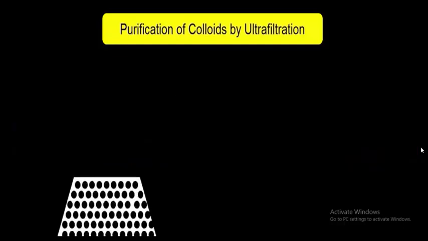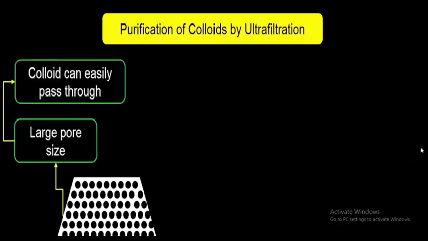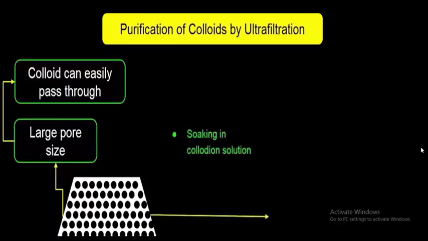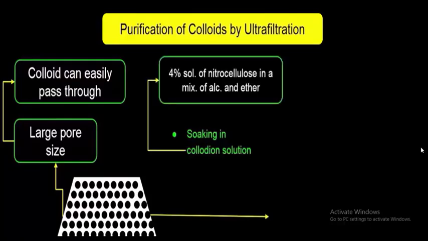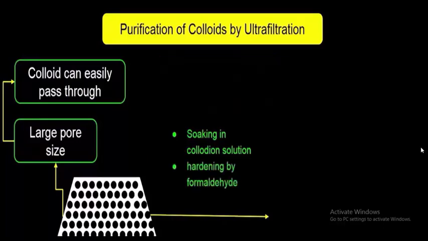Now let us study how we make this ultrafilter paper. Common filter paper consists of large sized pores, and this can be minimized by soaking the filter paper in a colloidal solution. The colloidal solution is nothing but a 4% solution of nitrocellulose in a mixture of alcohol and ether.